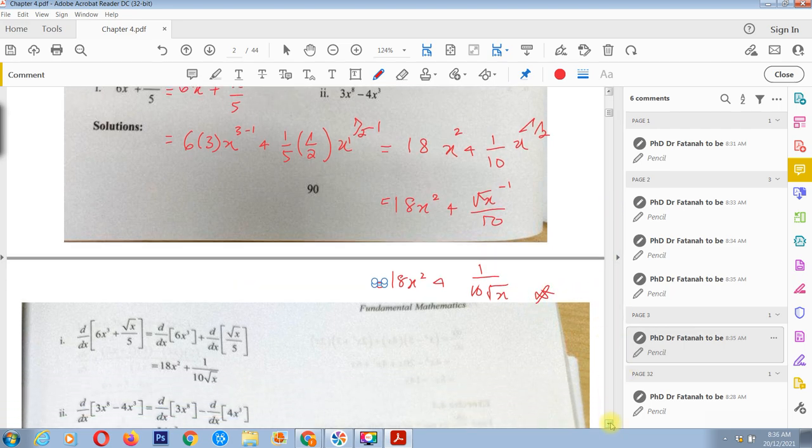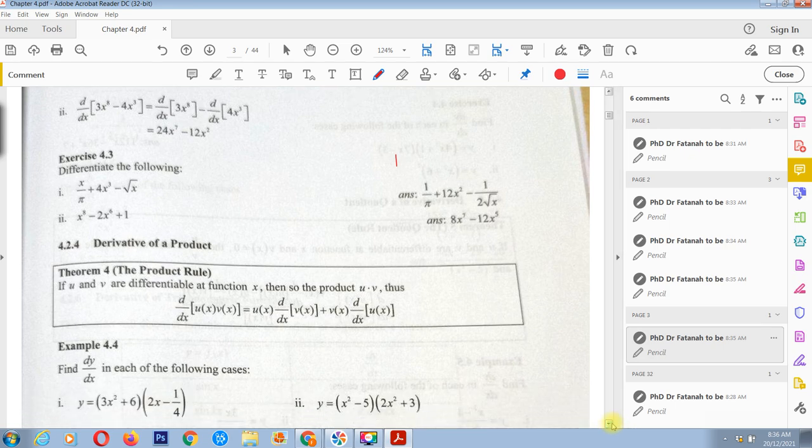and then we have the derivative of a product, product multiplication. So if we have two functions multiplied, then we can use the product rule.